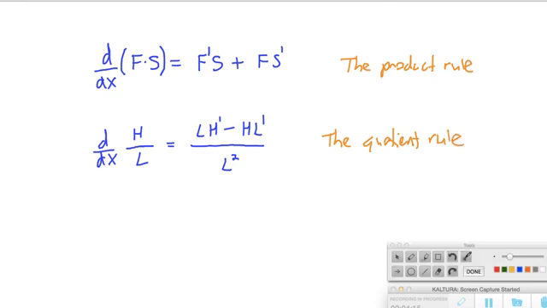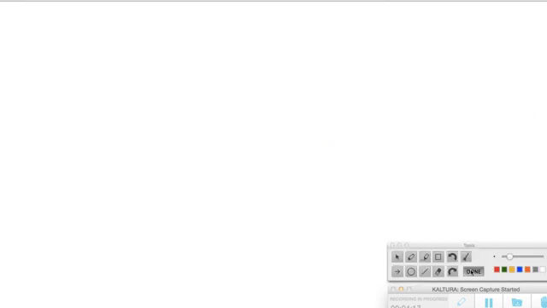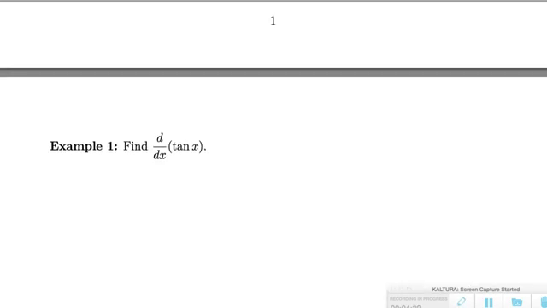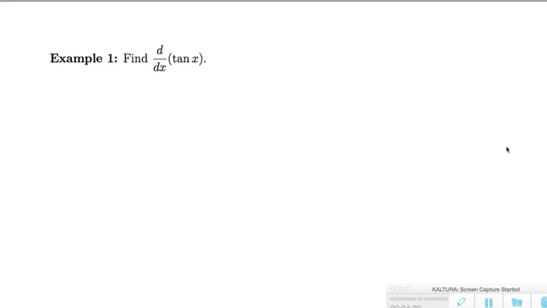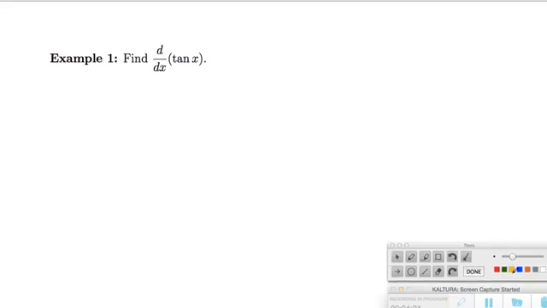All right, so let's move on to our example involving tangent. So if we're asked to find the derivative of the tangent function, well, we remember at the beginning of the lesson we only talked about derivative of sine and cosine. So our technique here is to write this in terms of sine and cosine.